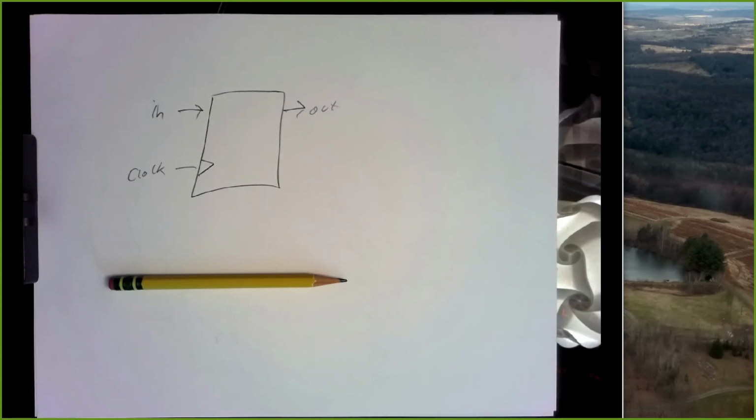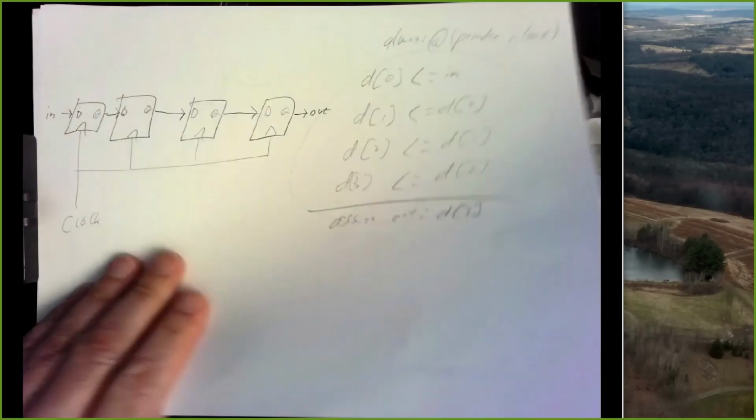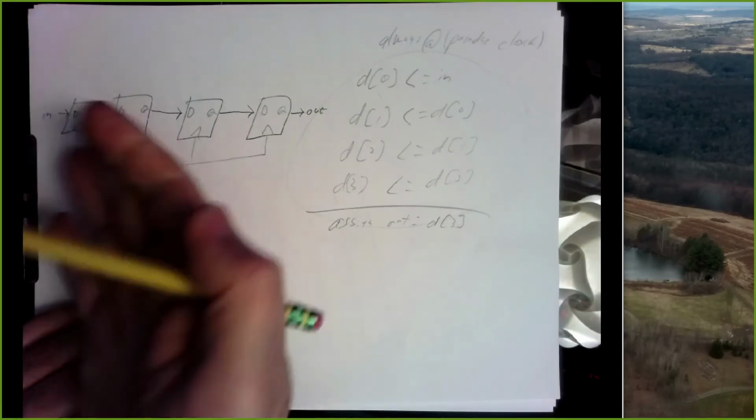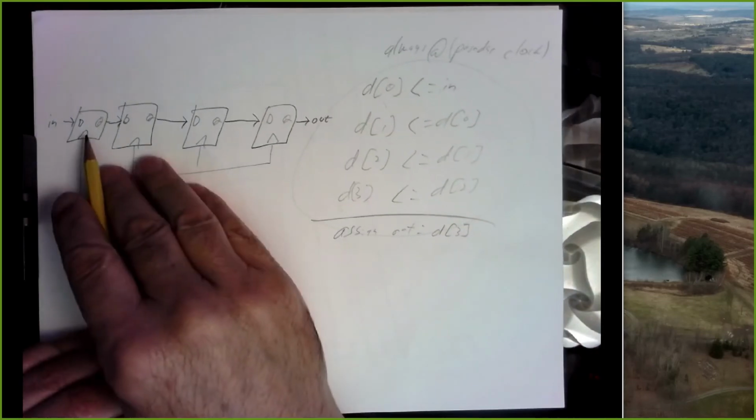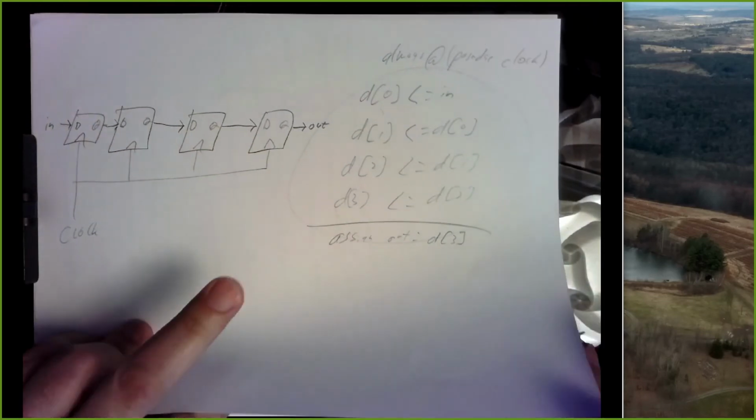And so how do you do this? You can use a shift register. So in the 4-bit example, every time the clock ticks, we record the new bit over here and we shift our bits over.